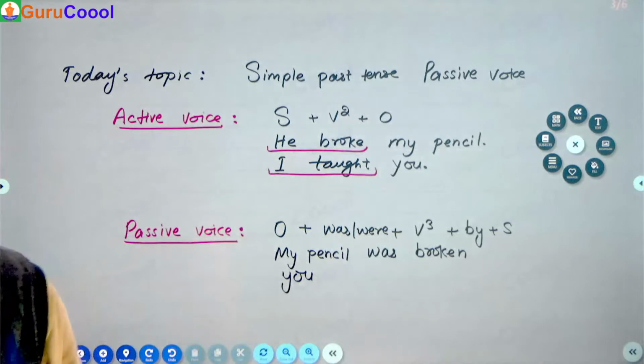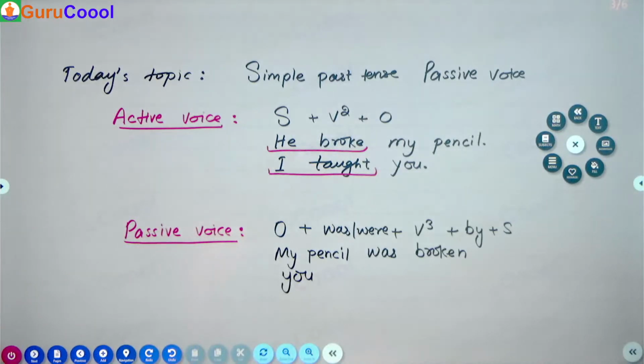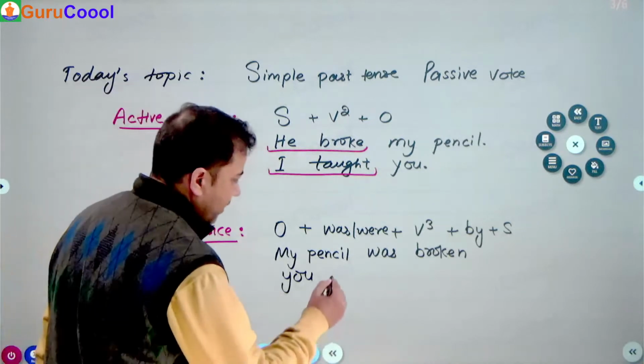But this subject you is optional. You is followed by were. No matter if it is singular or plural, you should be followed by were, not was. You were.